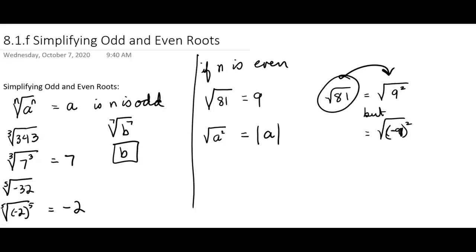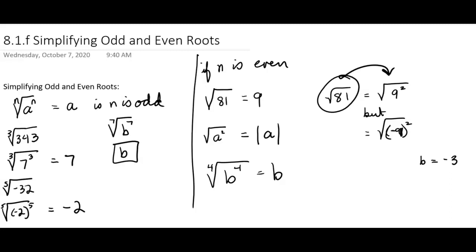So let me give you another example. Let's say you're taking the fourth root of b to the fourth power. But let's say over here, b is negative 3. Okay? Well, I can't just say that this is going to equal b, because it won't equal -3.